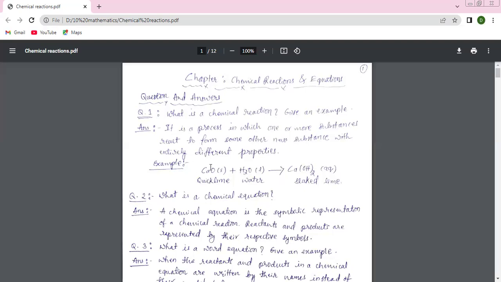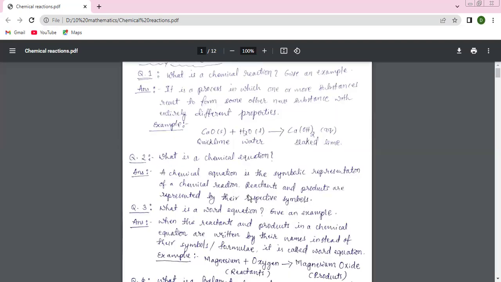So this is an example for a chemical reaction where the two substances react together to form the new substance, and the properties of this new substance, for example this slaked lime, are different as compared to this quicklime. So this is the first question.